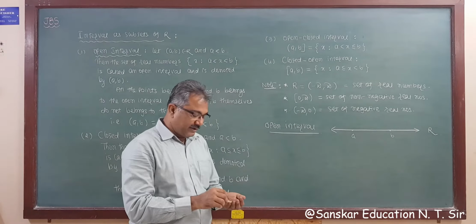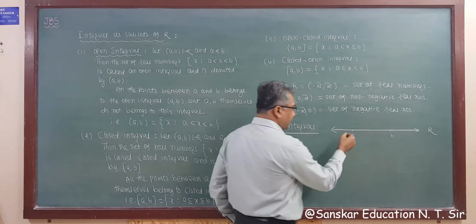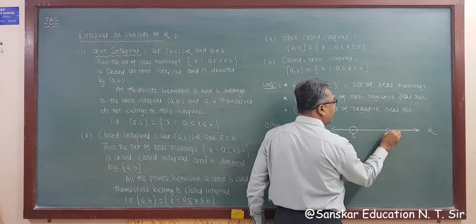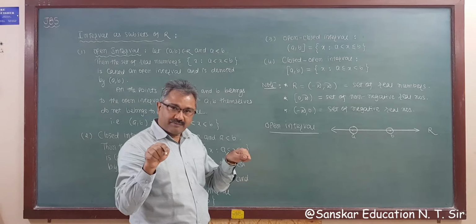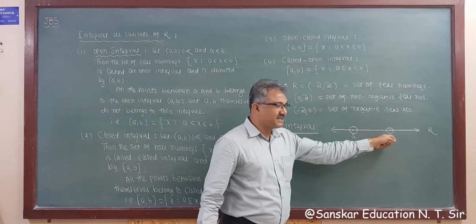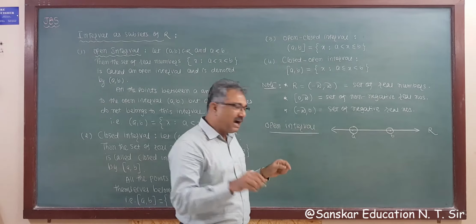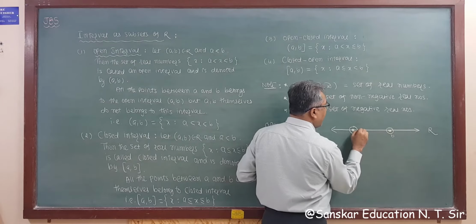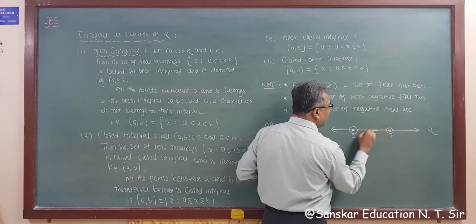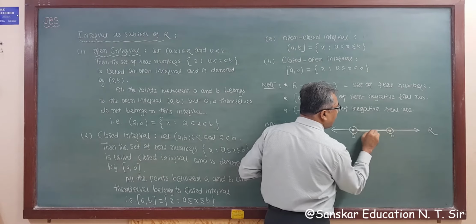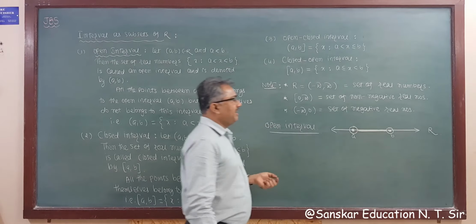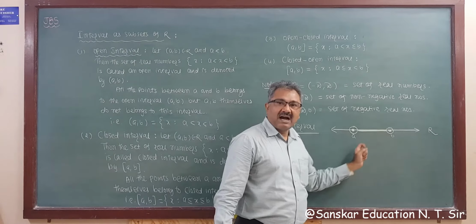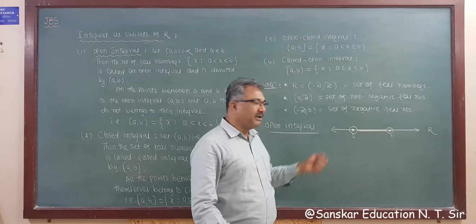An open interval is the interval in which the points a and b are not included. These end points are not included, but all other points except a and b are included in the open interval (a, b). That means boundary values, the end points, are not included.